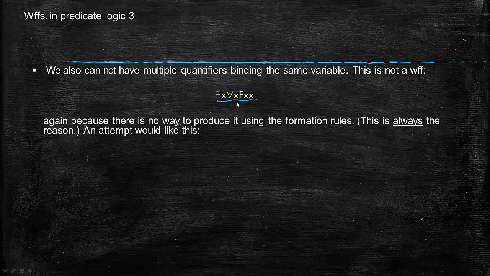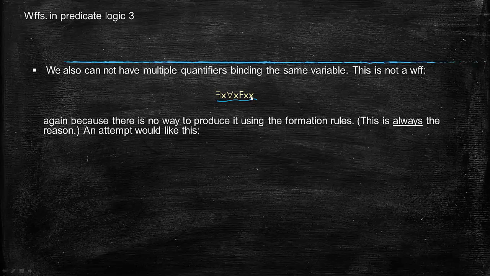You can't really tell them apart. One reader might assume that the existential X belongs to the first X, or another reader might think that the existential X belongs to the second X. So there's clearly an ambiguity there that shouldn't be tolerated.